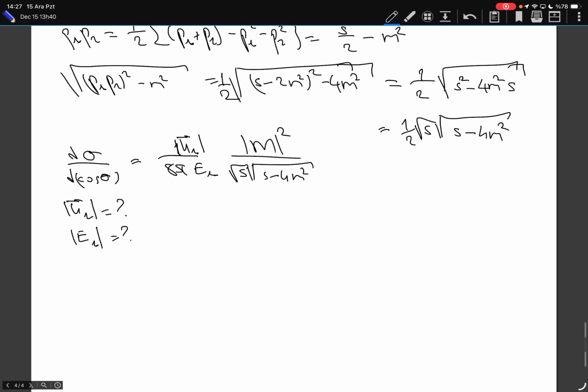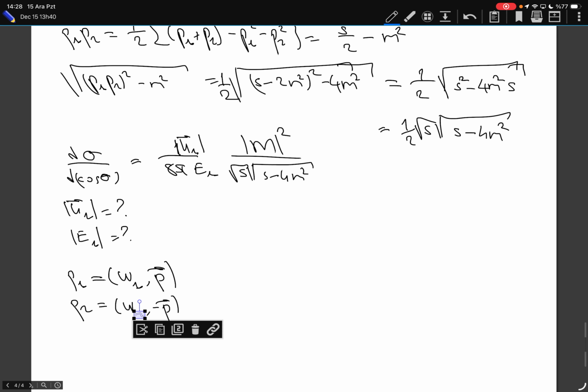Well, let me write down my 4-momenta in the center of mass frame. Remember, P1 is the incoming momentum, so I call that (ω1, p). P2 is (ω2, −p). In fact, they have the same mass and the same momentum, so they have the same energy in the center of mass frame.